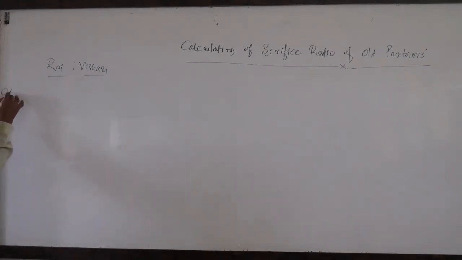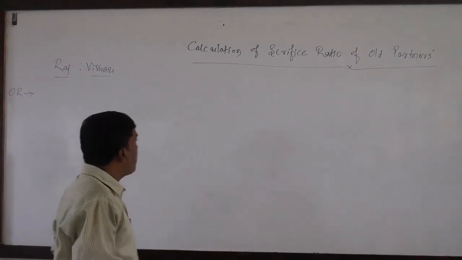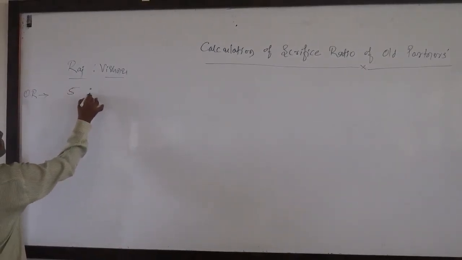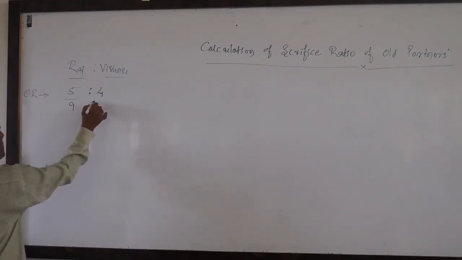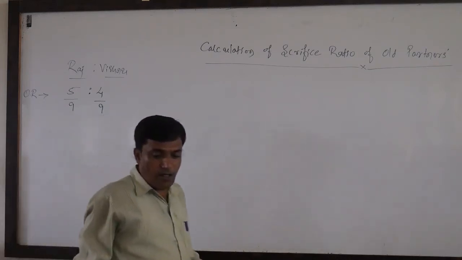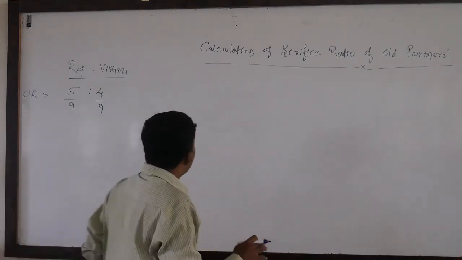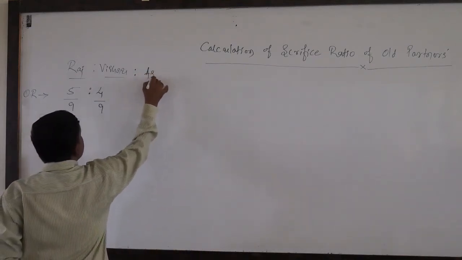Their old ratio, that is 5 is to 4, means 5 by 9, 4 by 9. They admit Ashwath into the partnership. The new partner name is Ashwath.